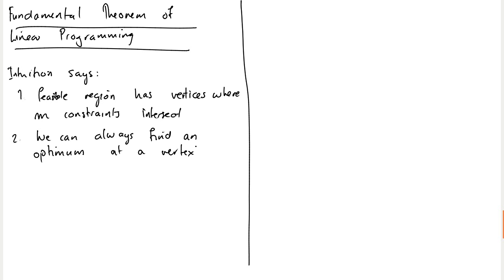We got a clear idea in our head that we're always going to be looking for our optimal points at the boundary of our feasible region, and moreover that we can always find an optimal point at one of the corners, at one of the vertices. So in our context, we have the following statement. Assume A is full rank.